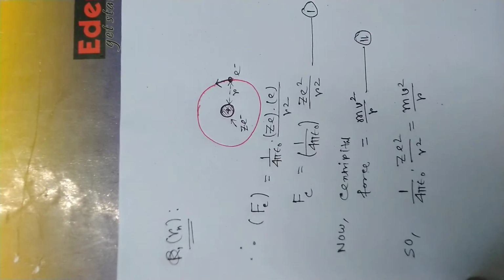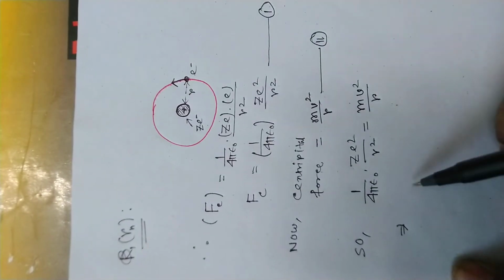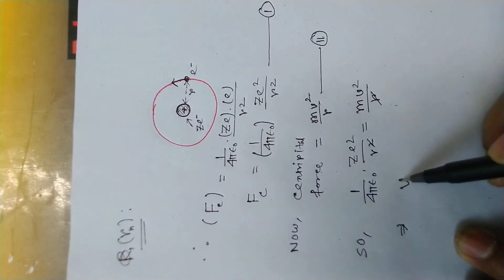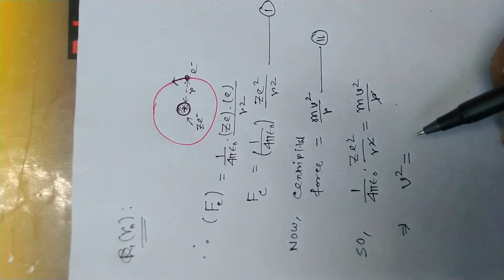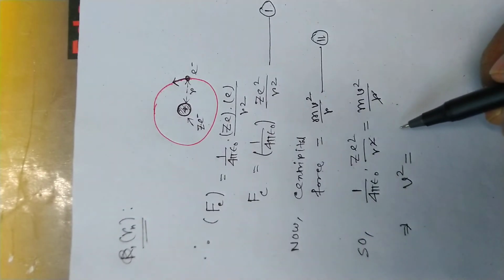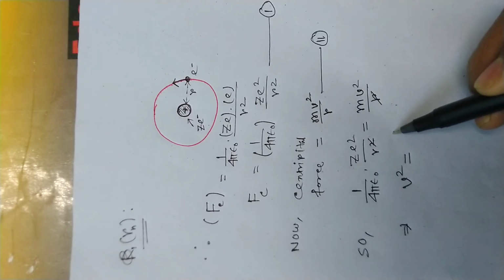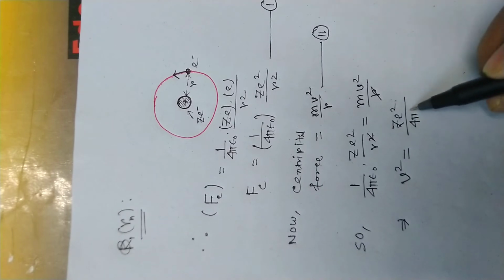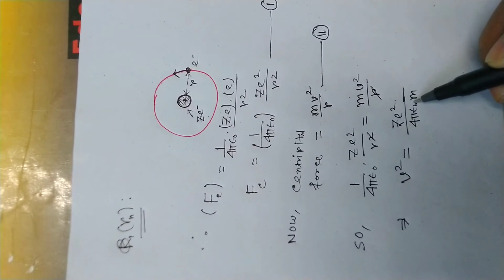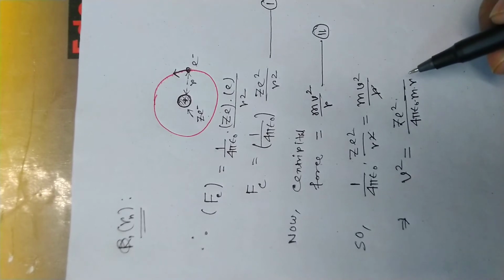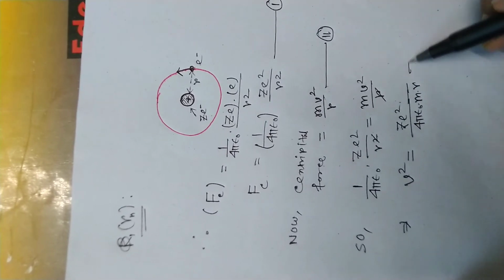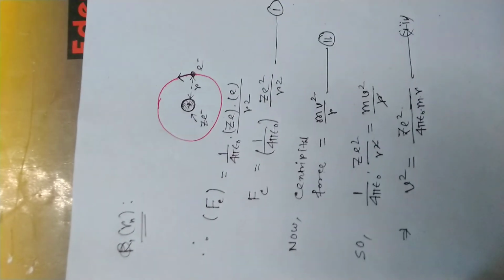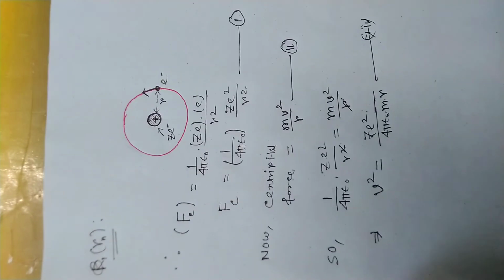If we cancel and simplify, the velocity square v square is equal to Ze square divided by 4 pi epsilon naught m r.